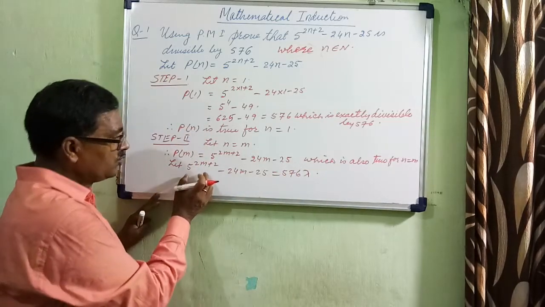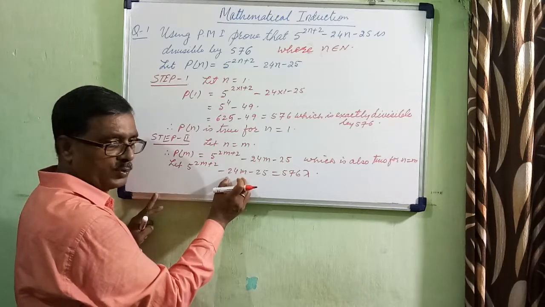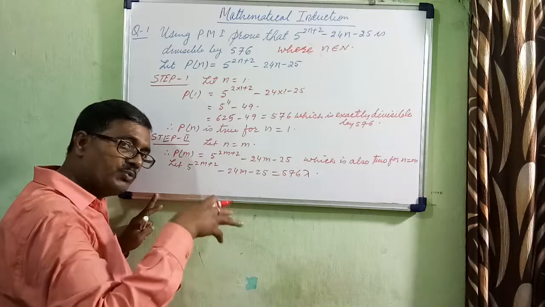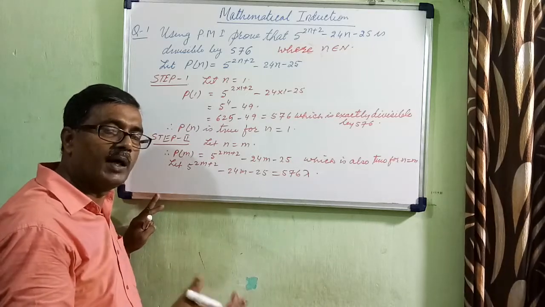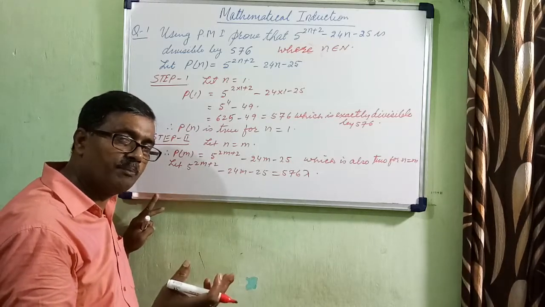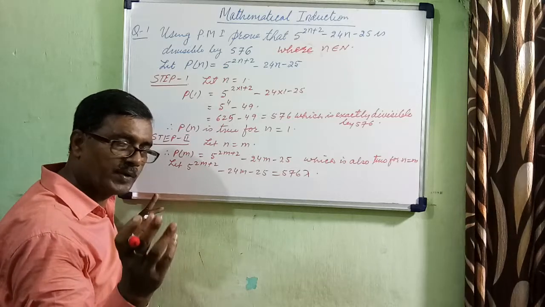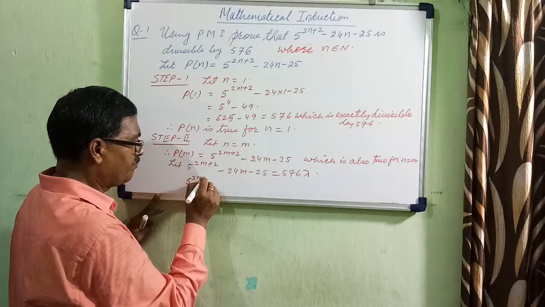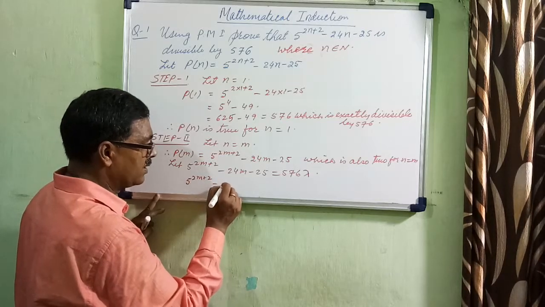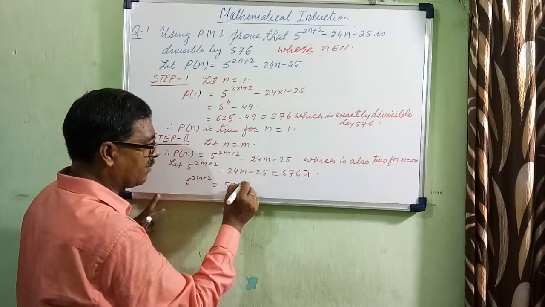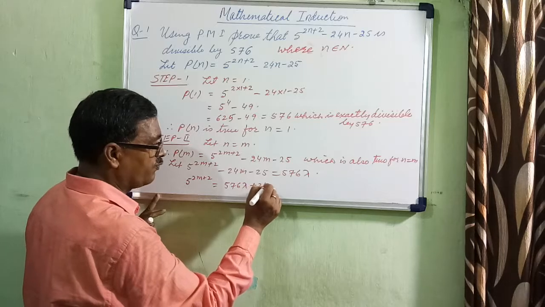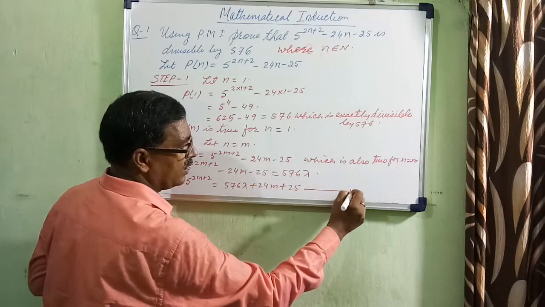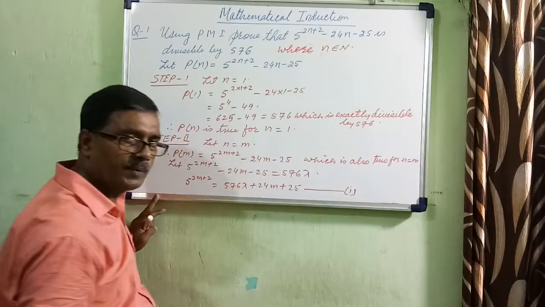And now this value we will have to substitute when we prove for n is equal to m plus 1. Therefore we can say 5 to the power 2m plus 2 can be written as 576 lambda plus 24m plus 25, say equation number 1.